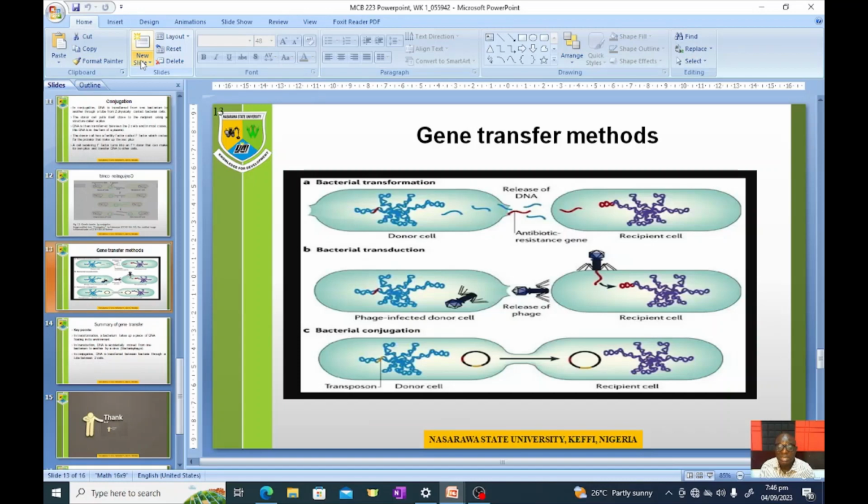And then in the last one, which is conjugation, you can see that the cells come together and form a septum, and the genetic material seen in the cell on the left passes through the tubing into the second cell, which now contains the transferred genetic material, which will be incorporated, and the second cell will also be seen to have that DNA component or the gene of interest.